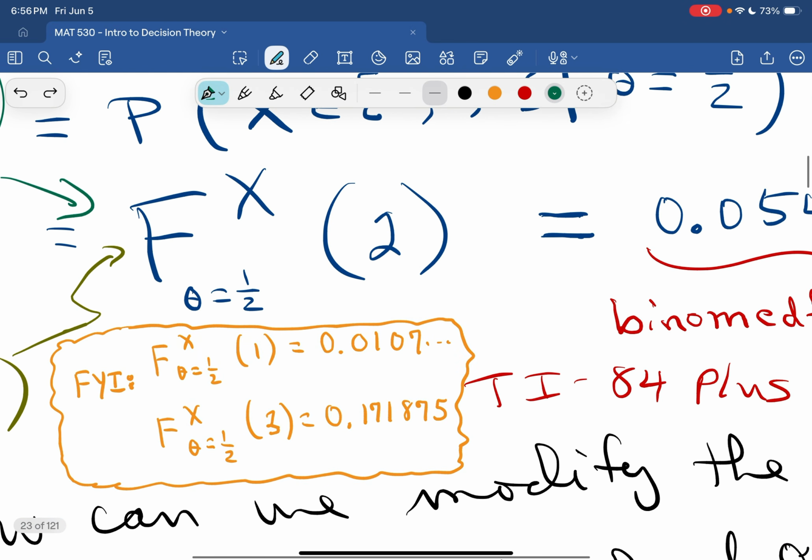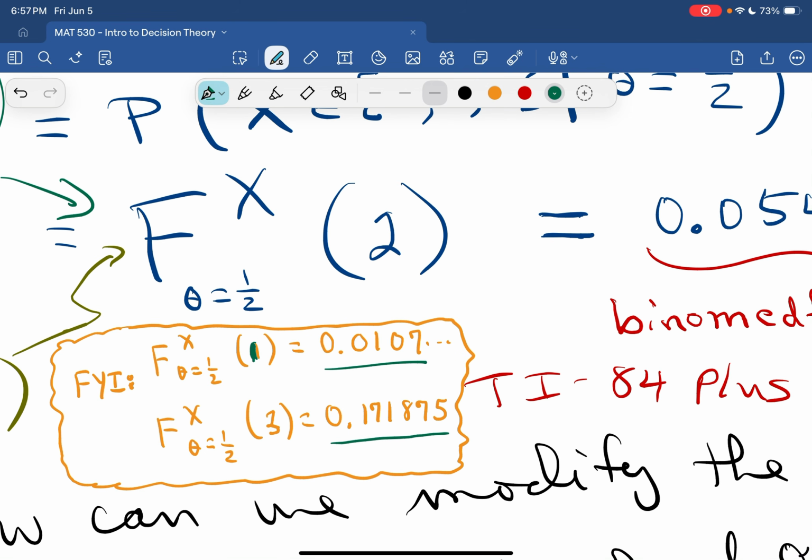And then if we evaluated the cumulative distribution function at x equal 1, then you see we would have a value of 0.0107 and some change. And then at 3, we get something bigger than 0.1.